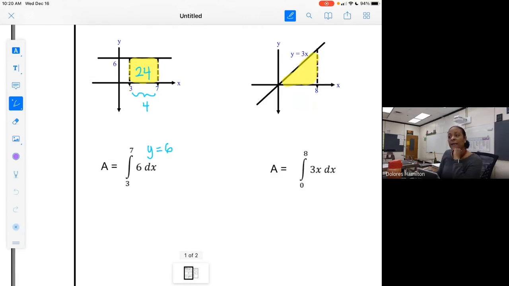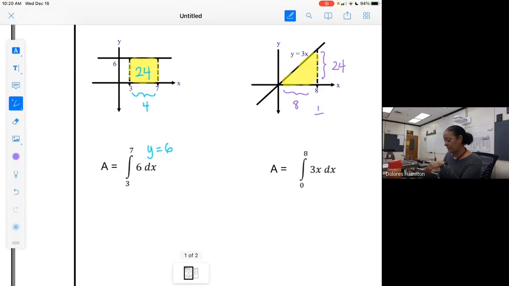If we look at the second example, we've got the definite integral from 0 to 8 of 3x. So that's the line y equals 3x. So this is a triangular region. So it's the same idea. I know that this length is 8. This one is 24.